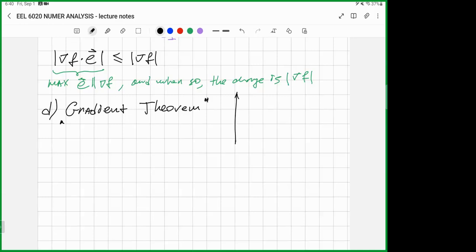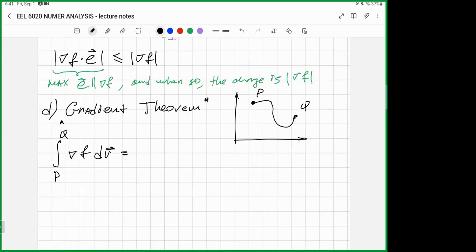for example, if I'm interested in the integral of the gradient between two points in space, let's call them P and Q, I take the integral from one point to another point. So I integrate from P to Q the gradient of f, dr vector.